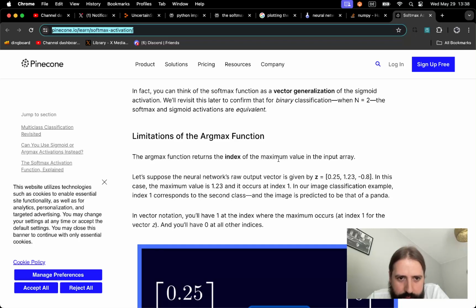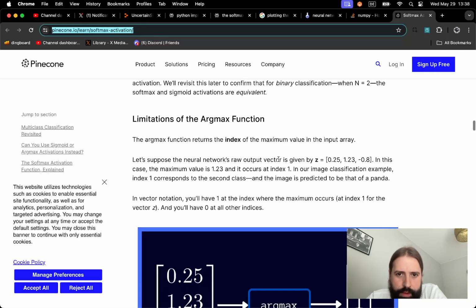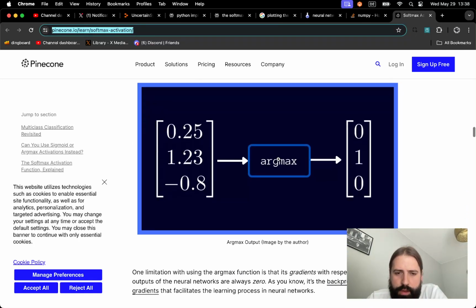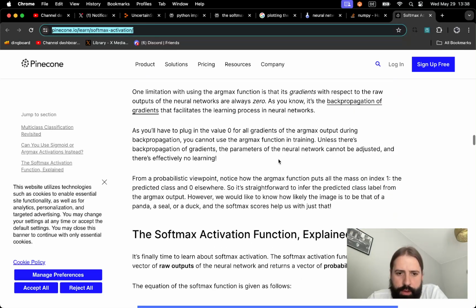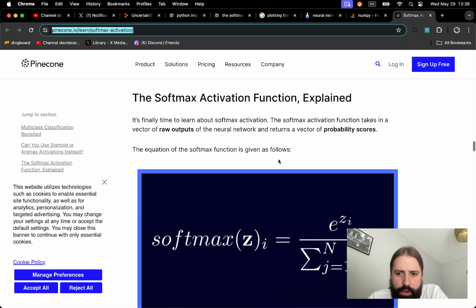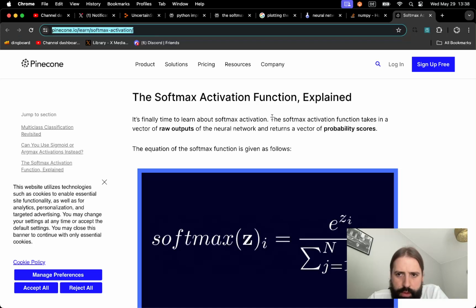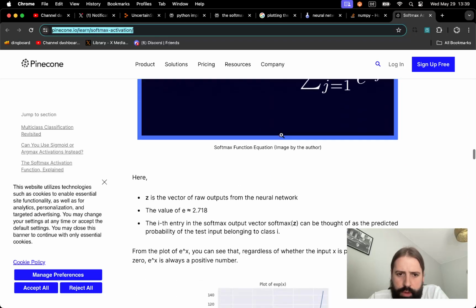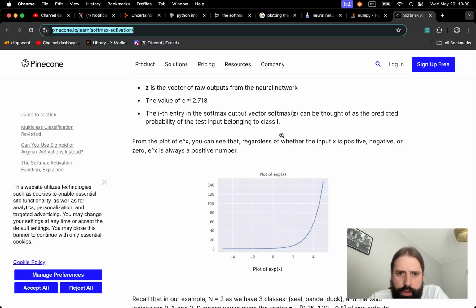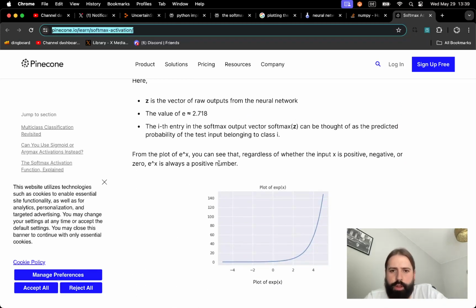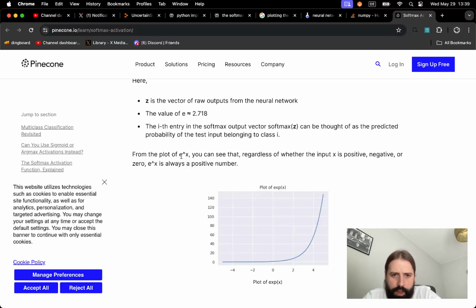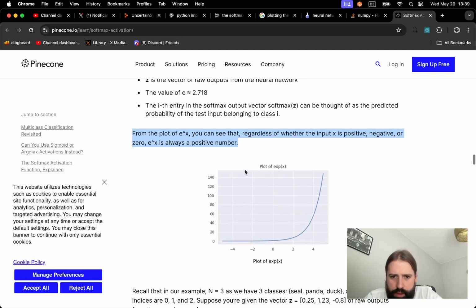That's so messed up, man. The argmax, okay, that's definitely good. Softmax, probability scores. From the plot of the exponential, you can see that regardless of whether the input x is positive, negative, or 0, okay, so we like that property. Yeah, that makes sense.